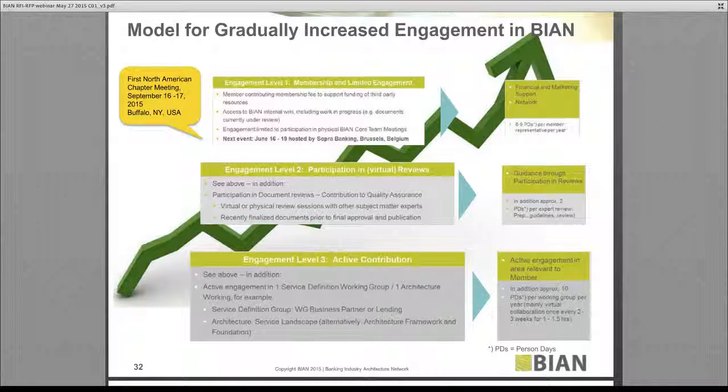And then we have our different meetings and engagement levels. Three times a year we have a physical meeting. In 2-3 weeks we have our next meeting in Brussels, and on June the 15th we also have an introduction day in Brussels. So are you interested? Do you want to know more? Do you want to meet the people and get more in-depth knowledge of what we are doing?